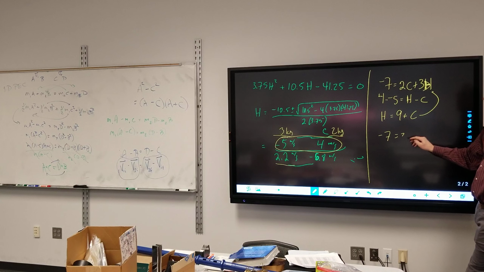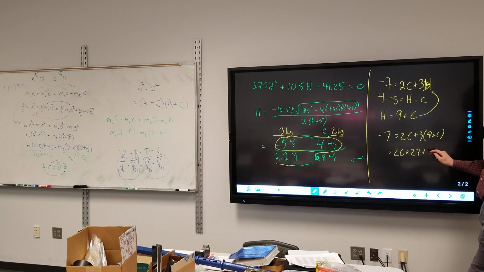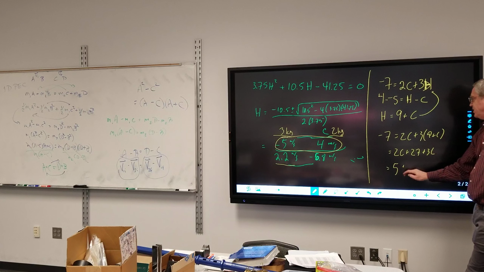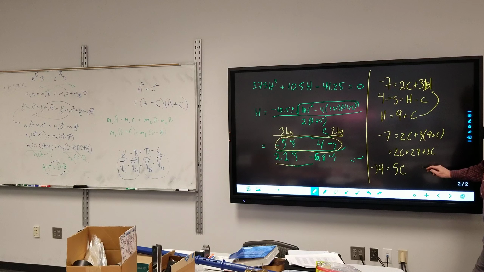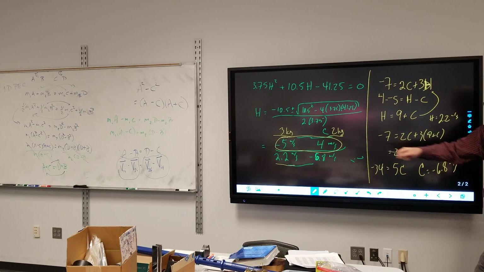Negative 7 is equal to 2C plus 3 times (9 plus C), equals 2C plus 27 plus 3C. I get 5C, and then subtracting 27, I get negative 34. C is negative 6.8 meters per second, which is what we had before. Plug into here, and we get H is equal to 2.2 meters per second, which is what we had before.